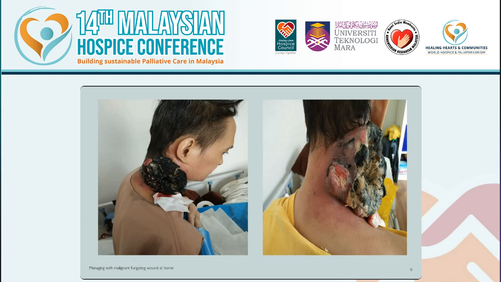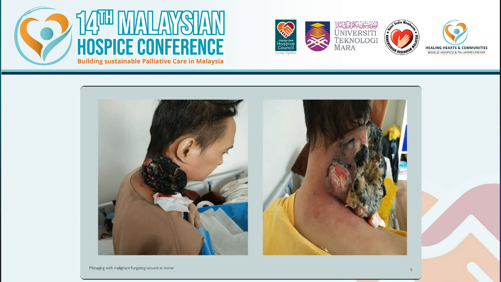And we can also see there is a blackish color on the wound, so it can be necrotic tissue. It can be part of the dressing material. We can also see there is bleeding there and also some slough. And the size of the wound is quite big.